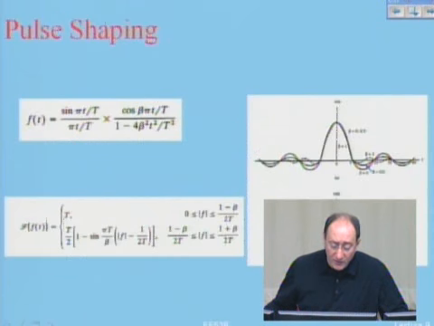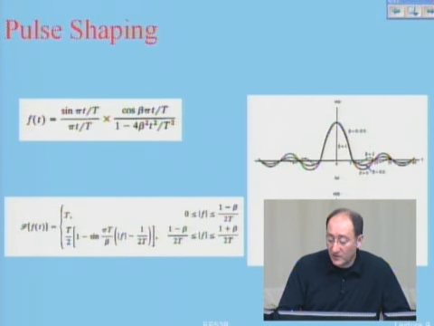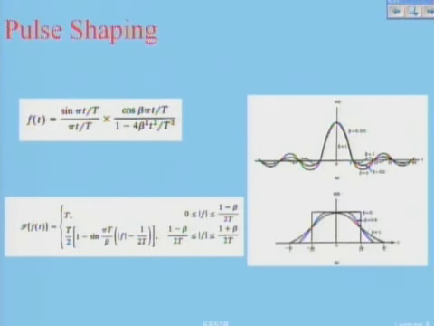Okay. One of the most popular pulses that people use are the so-called sinc pulses. This particular family of sinc pulses is called raised cosine pulses. Raised cosine pulses. Why raised cosine? Because the spectrum of these is like a cosine.